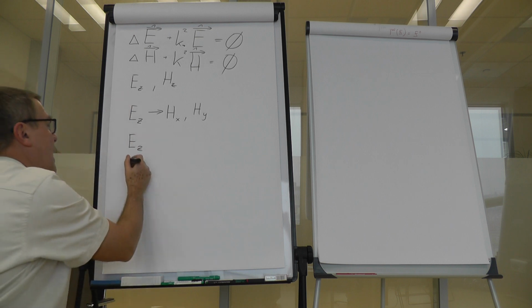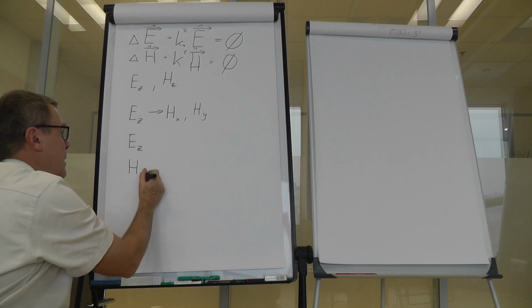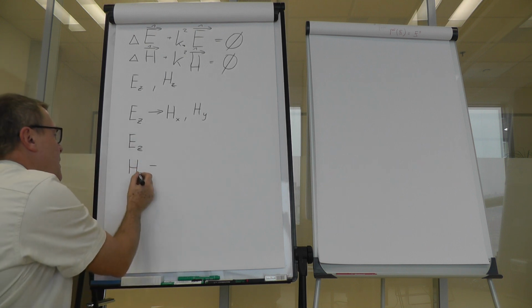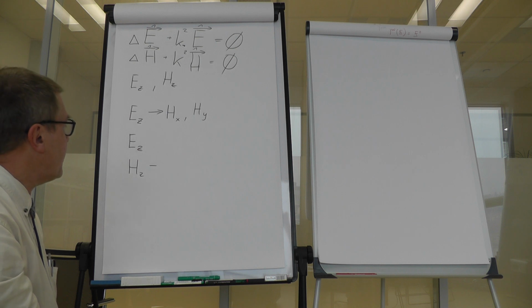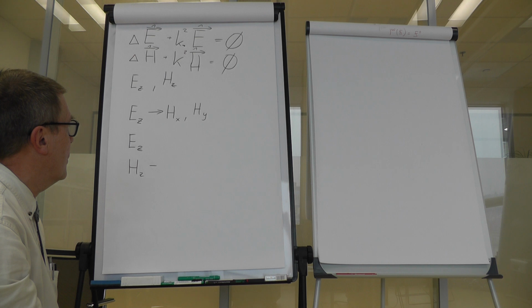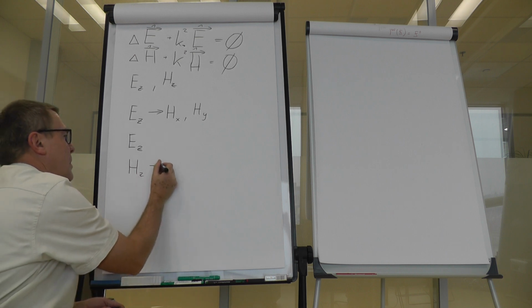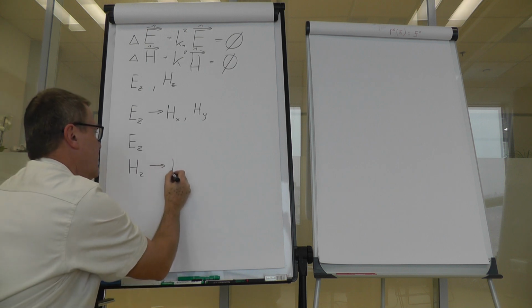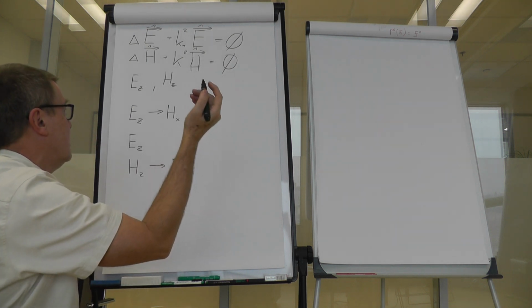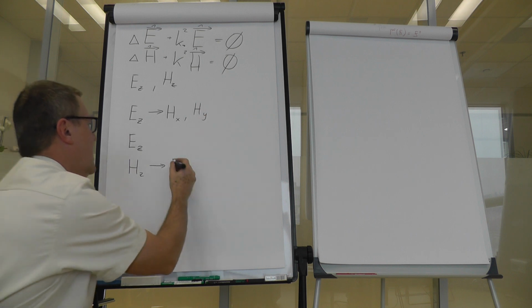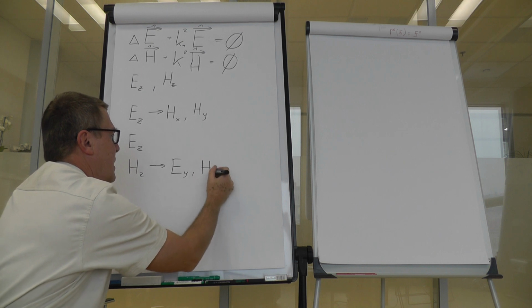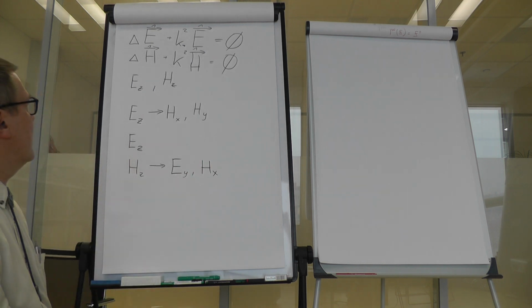Now if you start with Hz, you would get again two components, which would be, let's say, Ey and Hx.